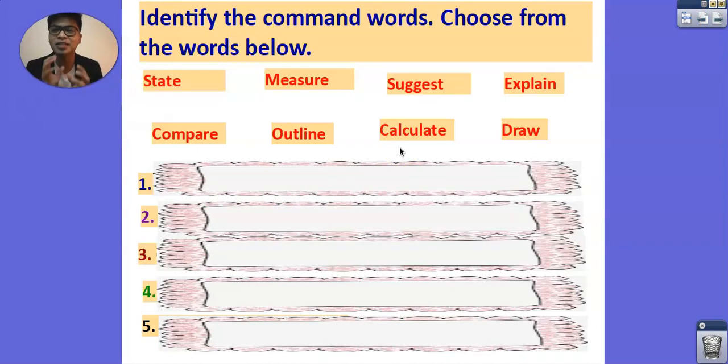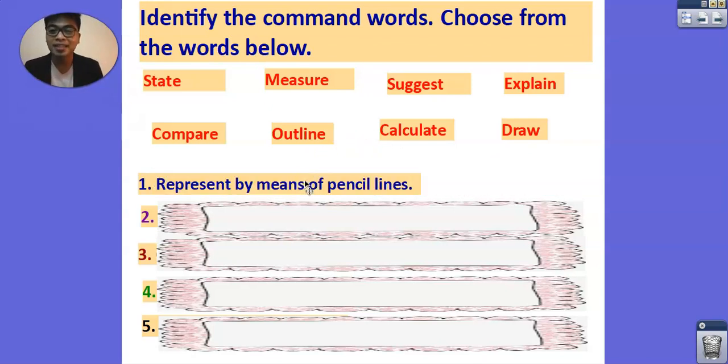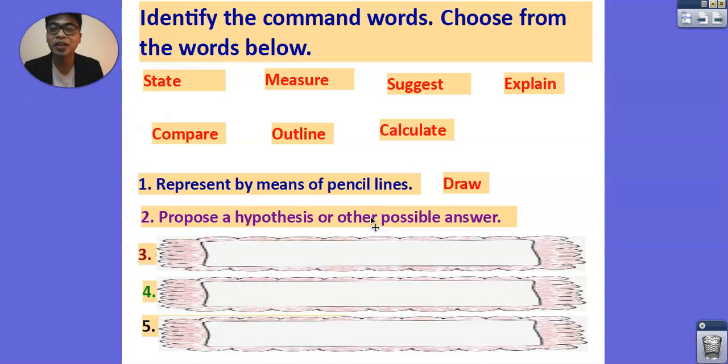Alright, so let's test your little knowledge about how much you learned on command words. Are you ready? Let's take a look at question number 1. Representation by means of pencil lines. Very good. This one is draw. Next question. You need to propose a hypothesis or other possible answer. Very good.